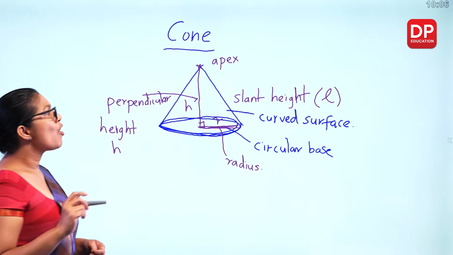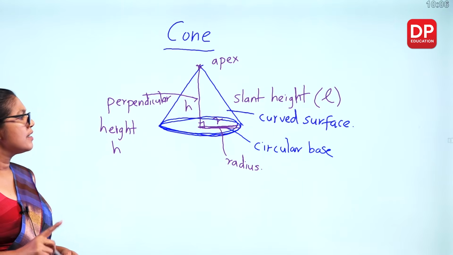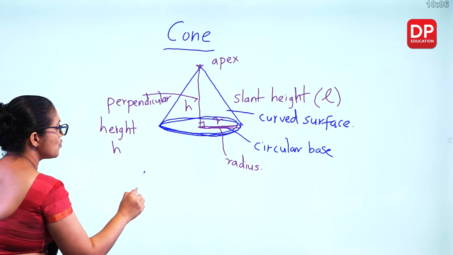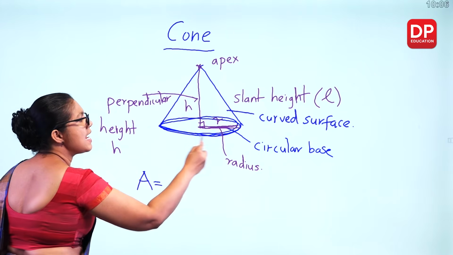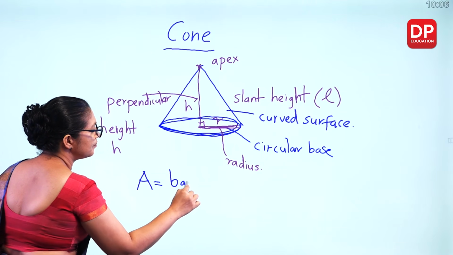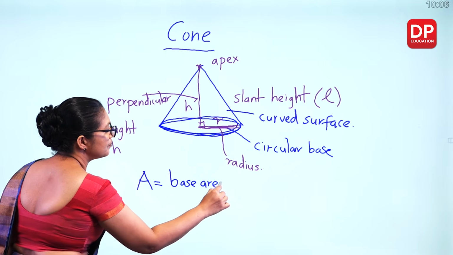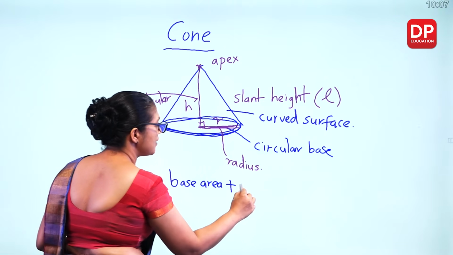So here if you want to find out the surface area of a cone, what are the things we need to know? We need to take the area of the circle, so base area, plus the curved surface area.